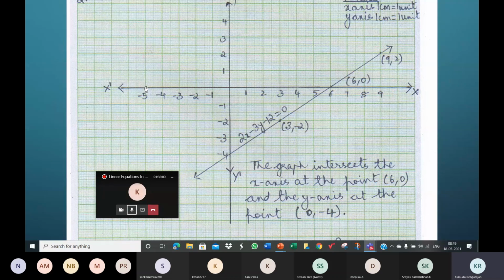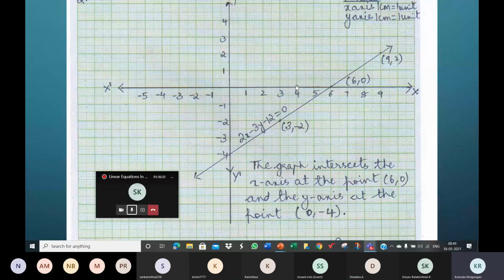See, if you mark this as a point, what is the address of this point? -5, 0. What about this one? -4, 0. The address of this point? -3, 0. This one? 1, 0. So we observe that the y coordinate of the point on the x-axis is always 0.